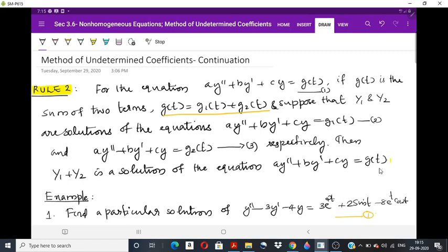Then adding the two particular solutions, we will get the particular solution of equation number 1.